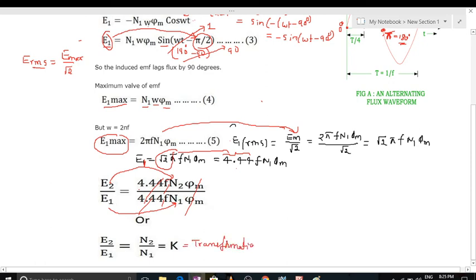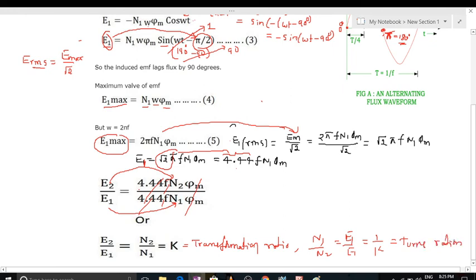Next, the turns ratio is N1/N2, which is equal to E1/E2, which is equal to 1/K. This is also called the turns ratio.